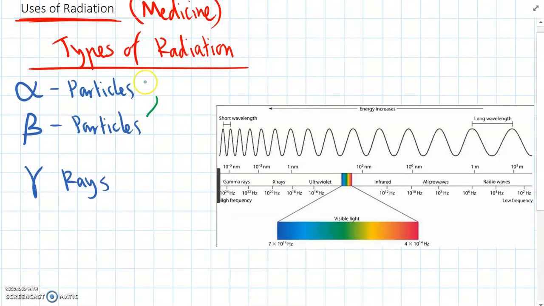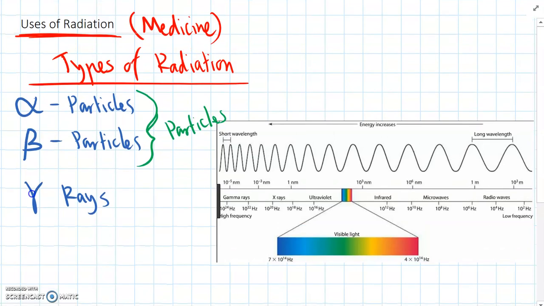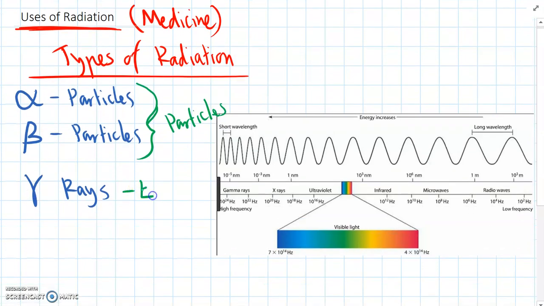So the first two are particles. Gamma rays though, remember they're just a type of energy. And let's link it to the type of energy we learnt about when we were learning about light. And that's called electromagnetic radiation.